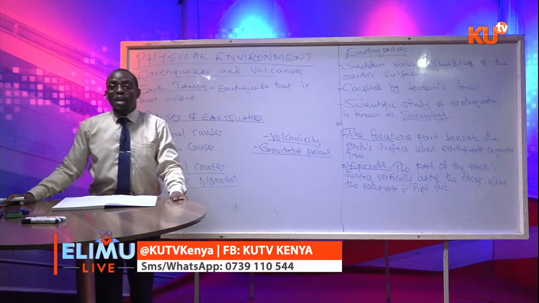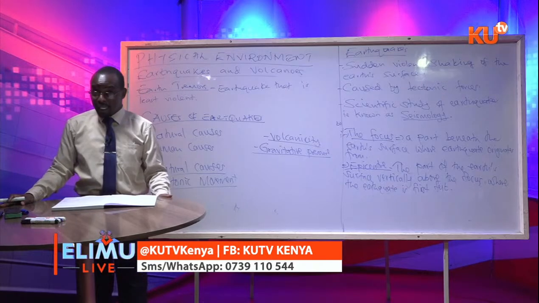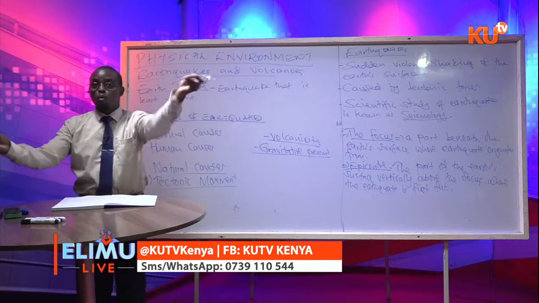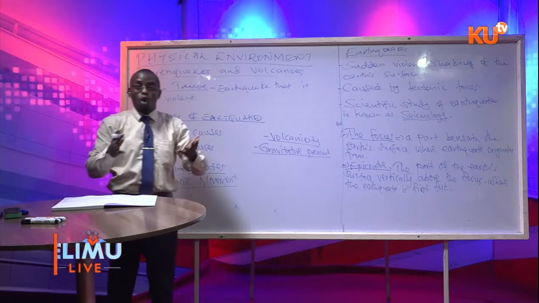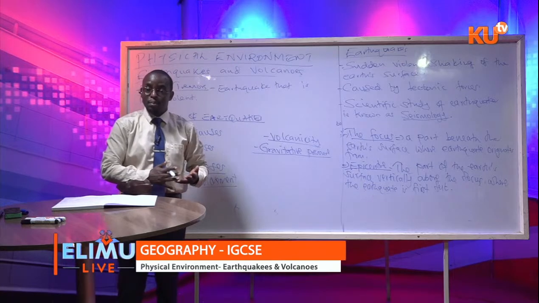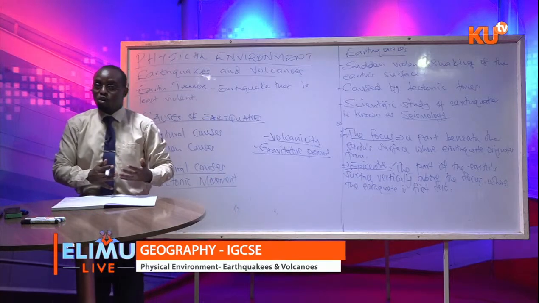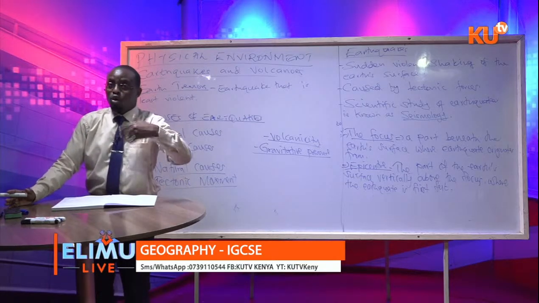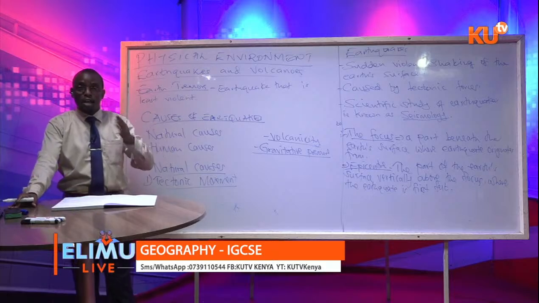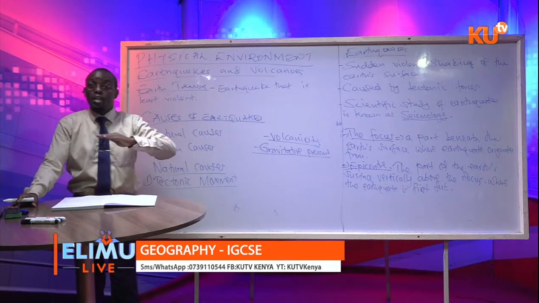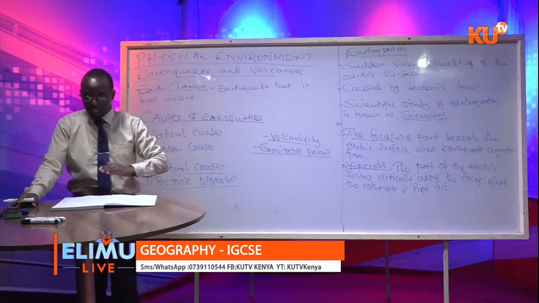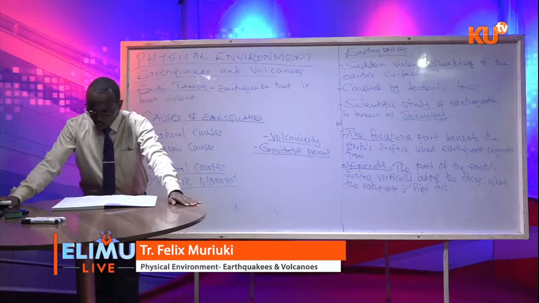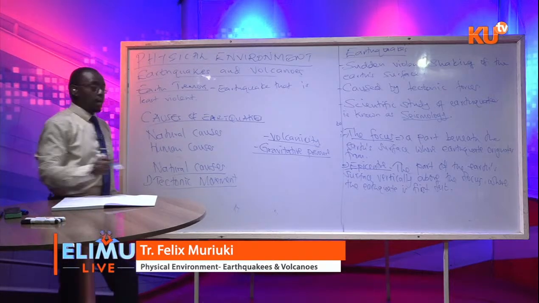Therefore, when some of the rocks are displaced in any part of the earth, especially in the interior, the space that is created is always pulled down by the pressure, maybe from the core. And that pressure leads to what we call shaking of the rocks. And this shaking of the rocks comes all the way to the Earth's surface, and therefore we are able to experience the earthquake.